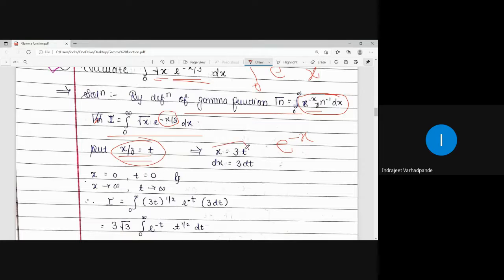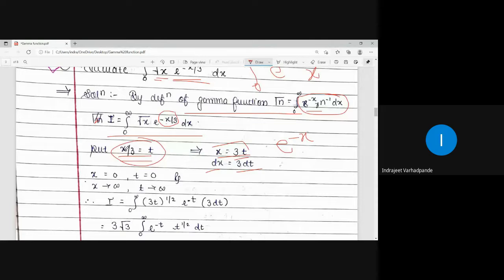Whenever you are using substitution in definite integration, the whole integral has to be transformed. Limits are also to be appropriately changed so that we get the correct value as the answer. So putting x by 3 is equal to t, x will be equal to 3t, dx will be equal to 3 dt.